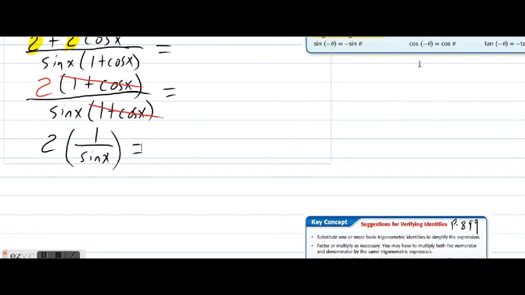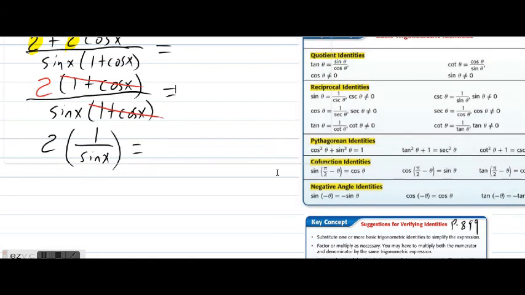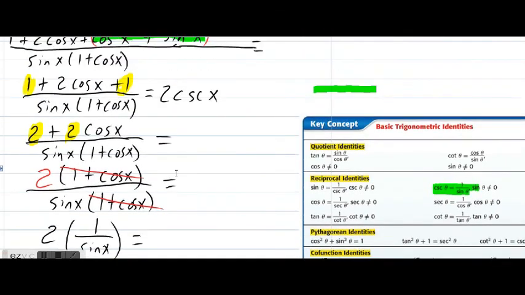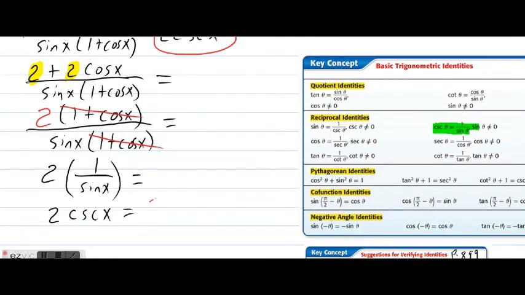And then let's drag this back down so we can take a look at it. 1 over sine is equal to cosecant. So I have 2 times the cosecant of x. And I believe, there we go, that's exactly what we wanted. 2 cosecant of x.